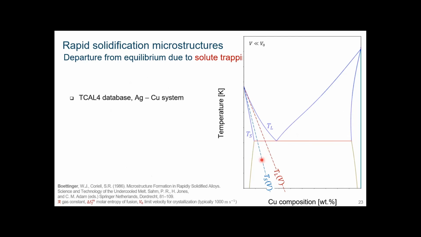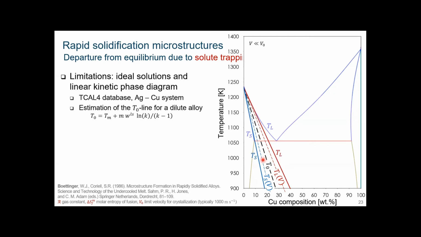So the slope is here. Here is m_V over k_V for the solidus. And this differs from, of course, the liquidus line and the solidus line, assuming here ideal dilutes or linear approximation.